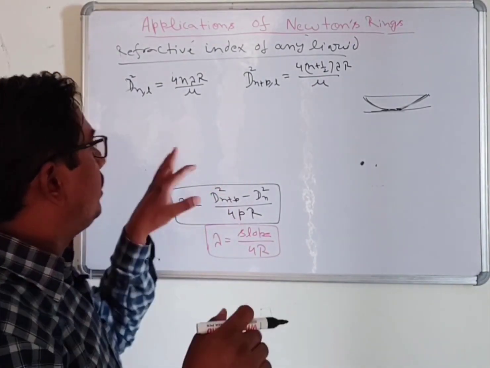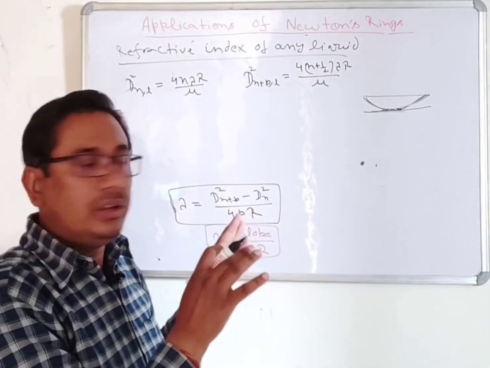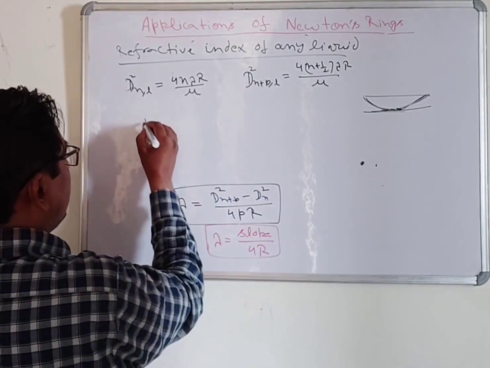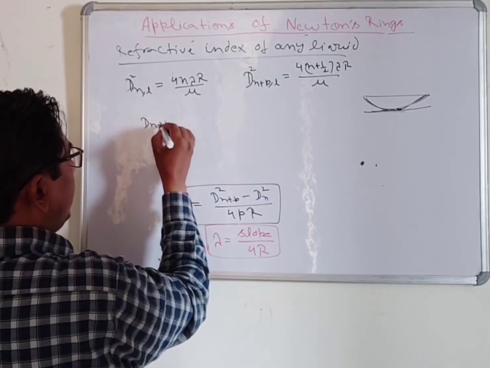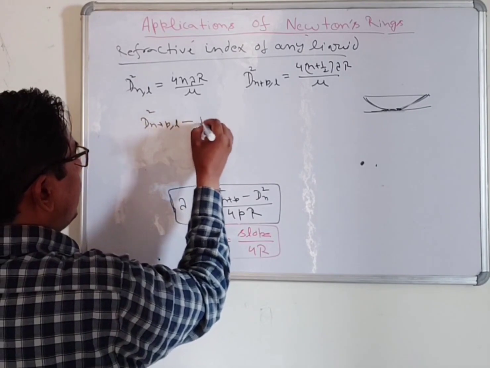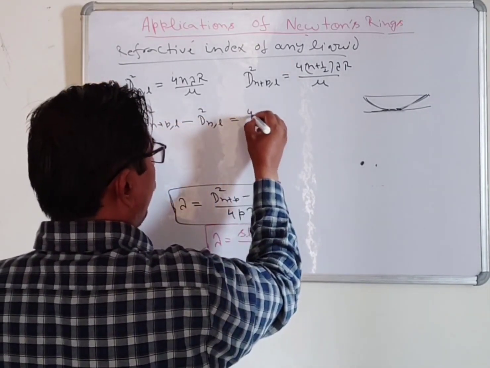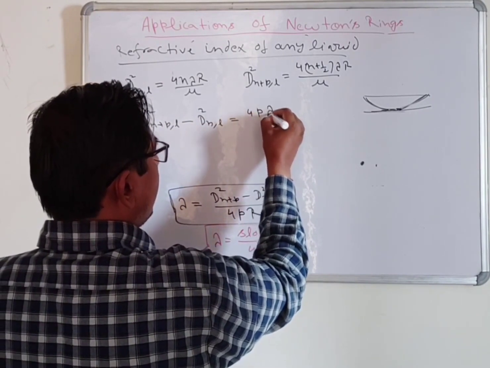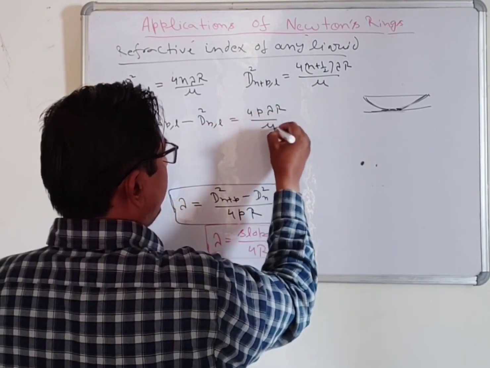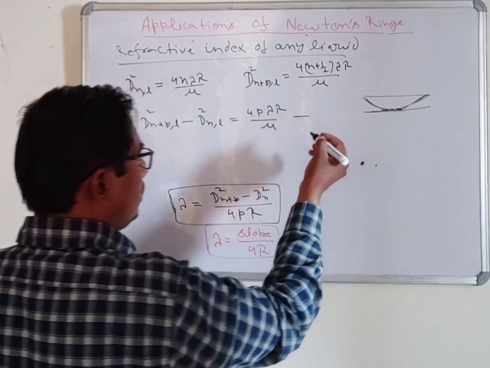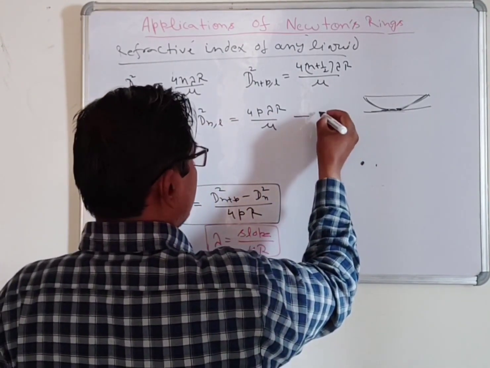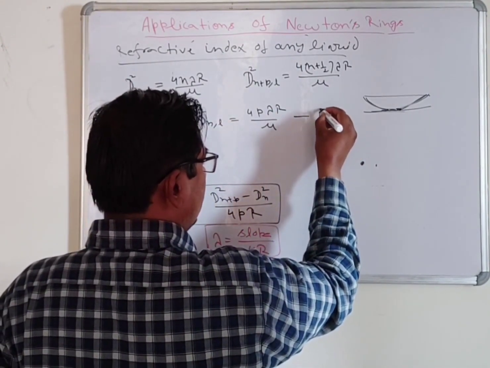Now suppose everything is the same as the air film. Take the difference: d_(n+p)L square minus d_nL square equals 4p lambda R divided by mu. This is equation 1.